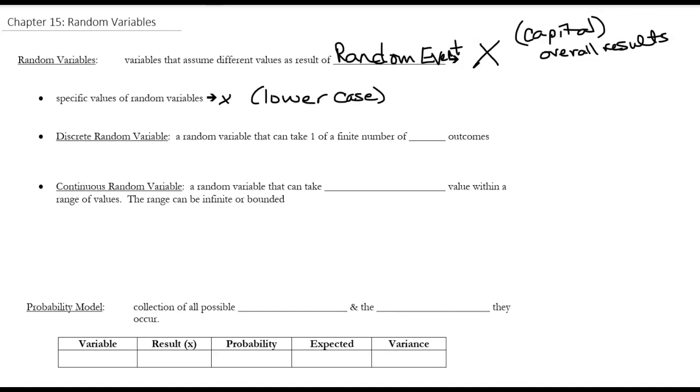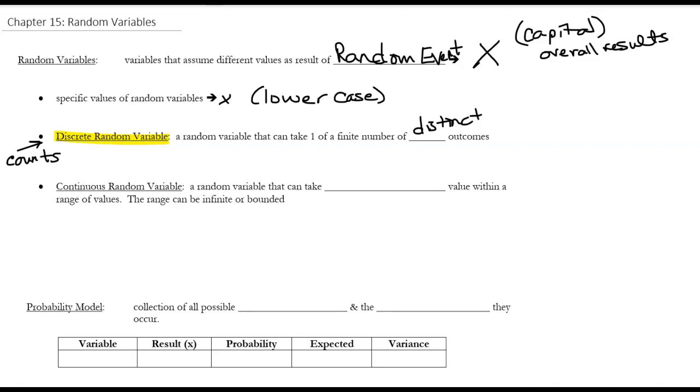Okay? So there are two different types of random variables. You can have a discrete one. A discrete random variable is a random variable that can take one of a finite number of distinct outcomes. This is counts.